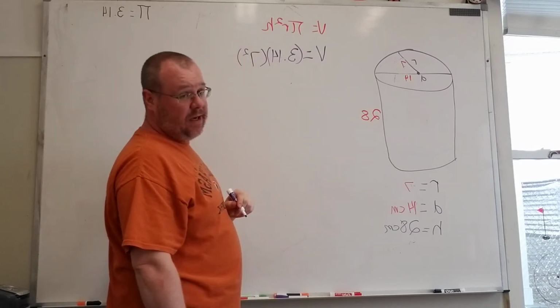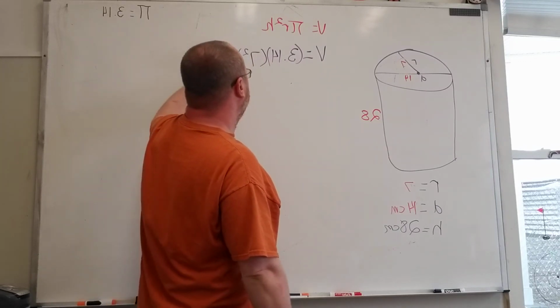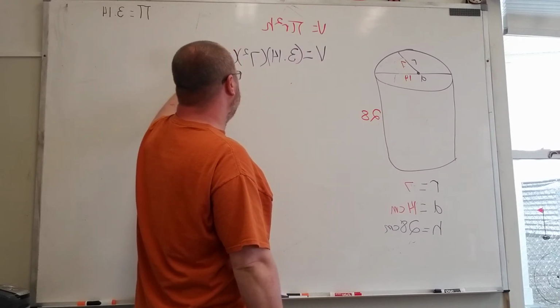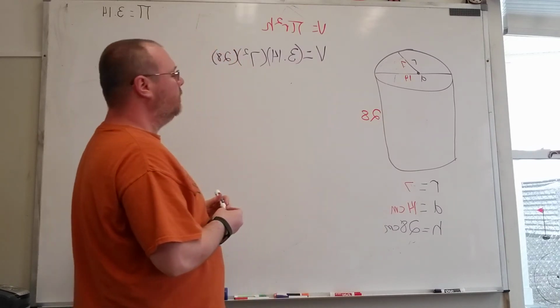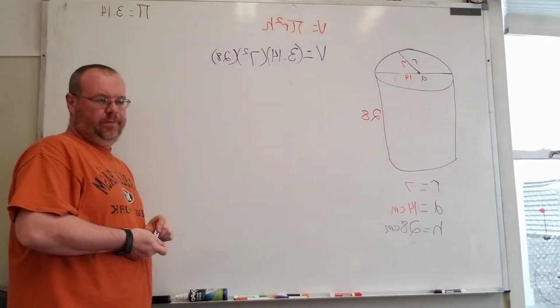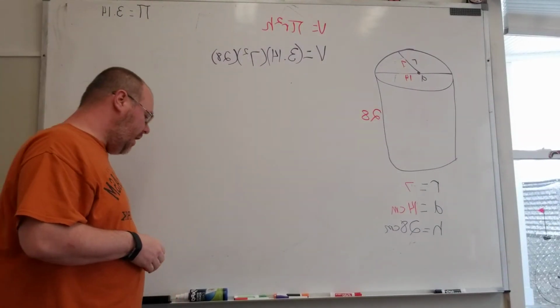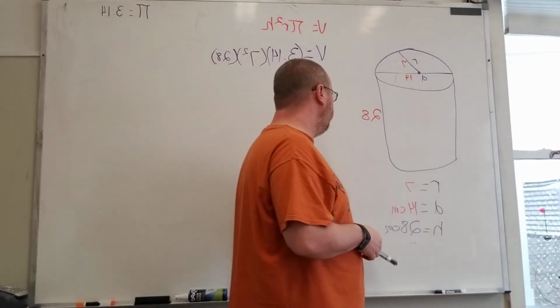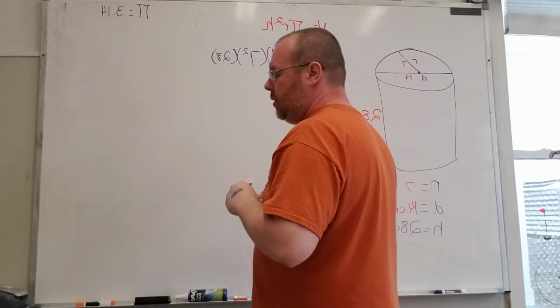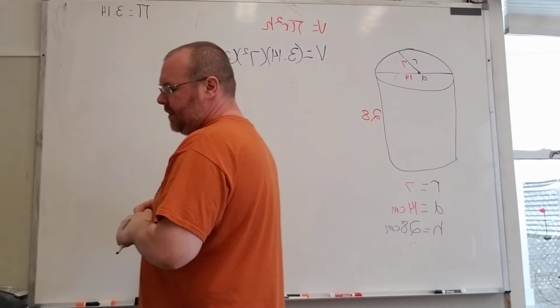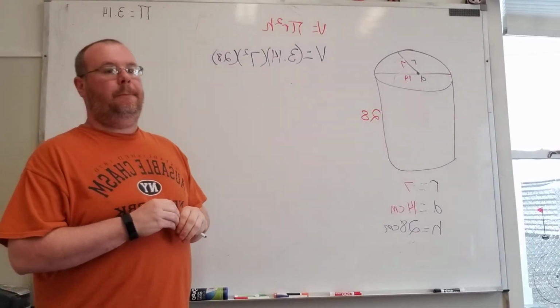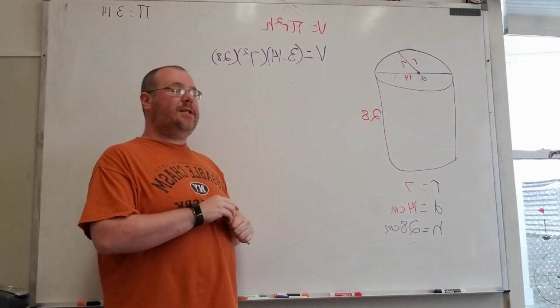Do we have the height? 28. What's the next step? We're going to square our 7. So who can tell me 7 squared? Not 14, but 49.